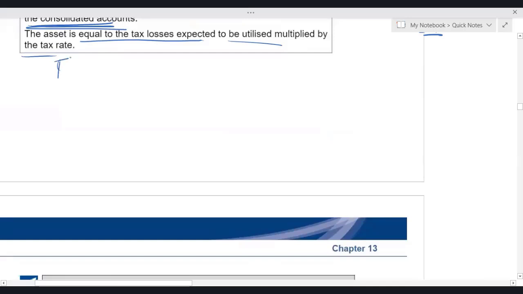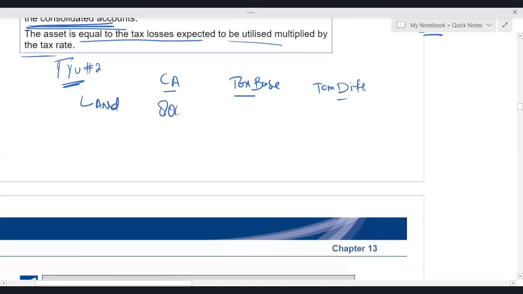Test your understanding two. Carrying amount, tax base, temporary difference, land. Carrying amount is 80,000. Tax base is 65.